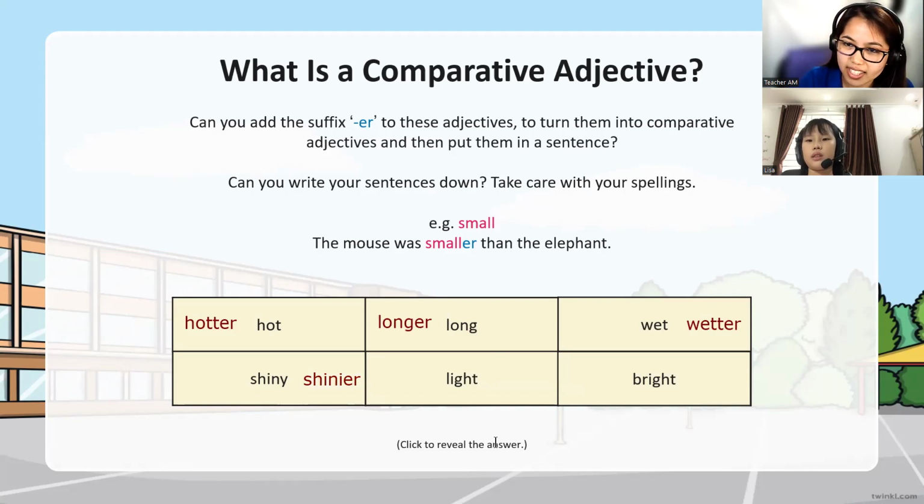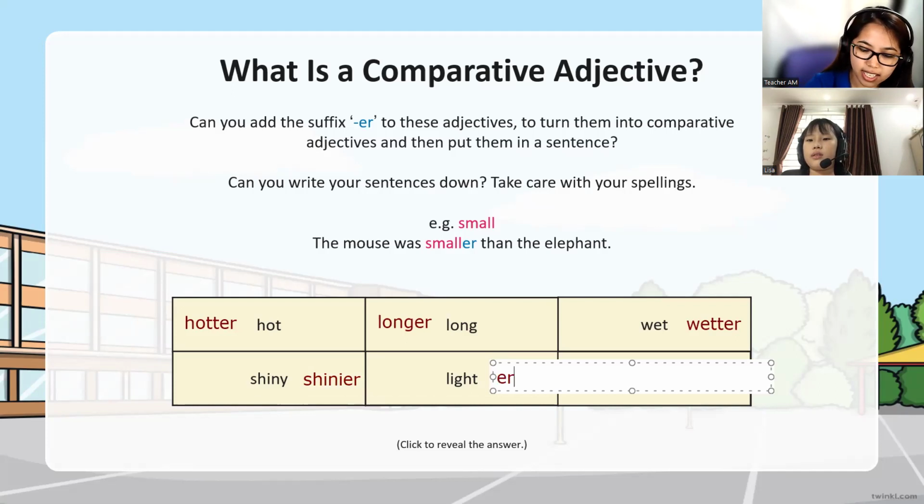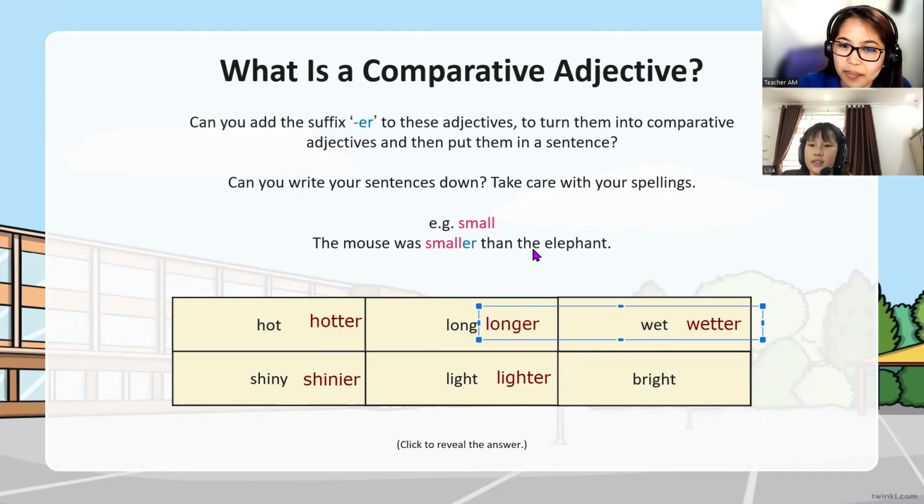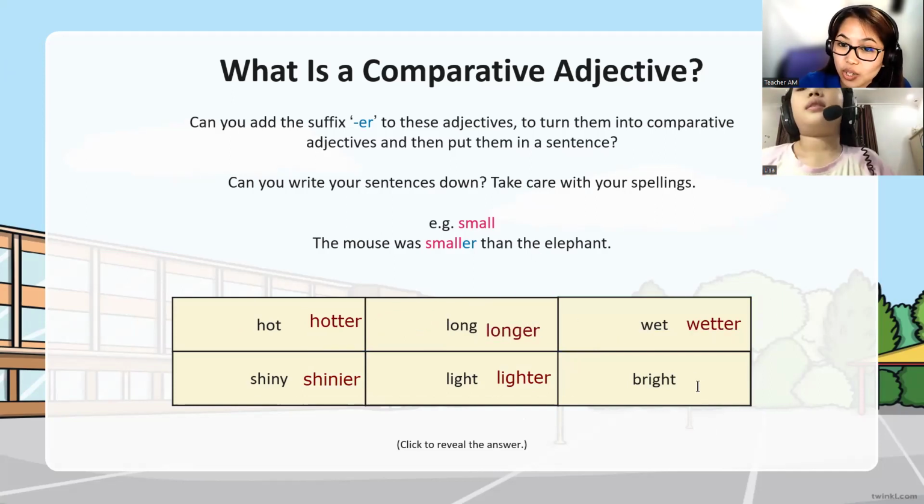What about light? We put ER. Nice. Lighter. Okay. What about the last word? Bright. We put ER. Very good. Okay, so perfect, Dolin.